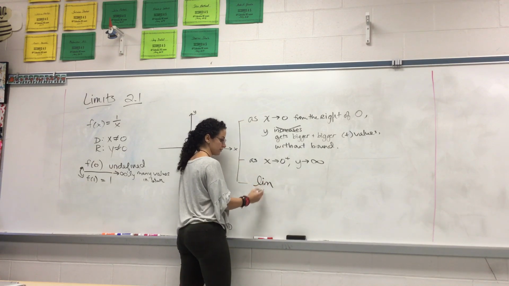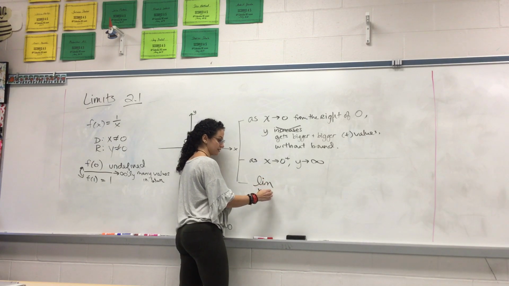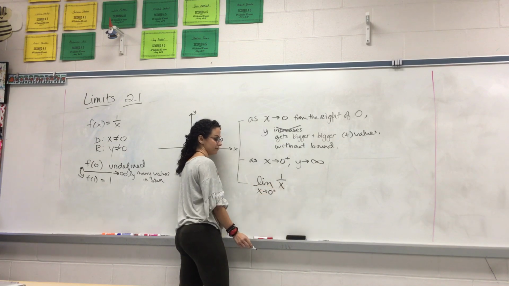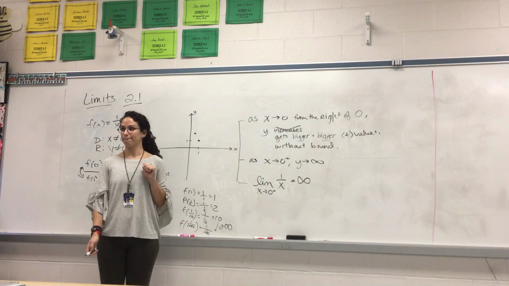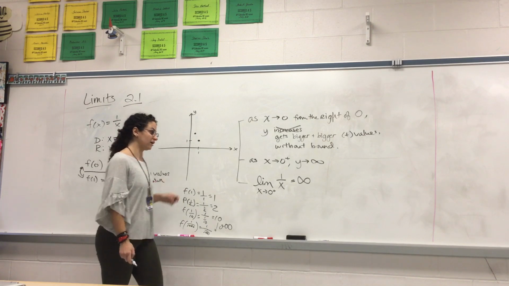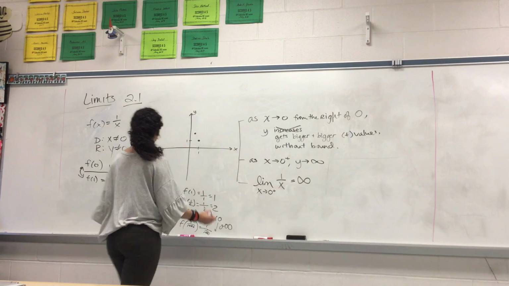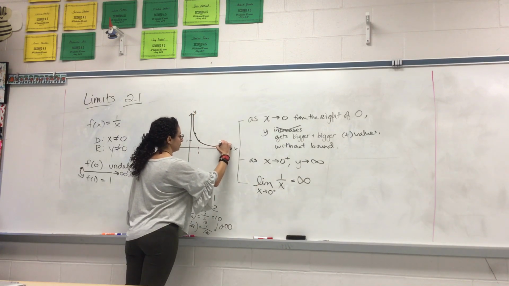And you guys were introduced to this limit notation in pre-calc. So we write the limit as x approaches 0 from the right of the function 1 over x is infinity. Okay? And this is language for what happens to your function as you approach a certain value. And I can go back up here and graph that piece of it right here.